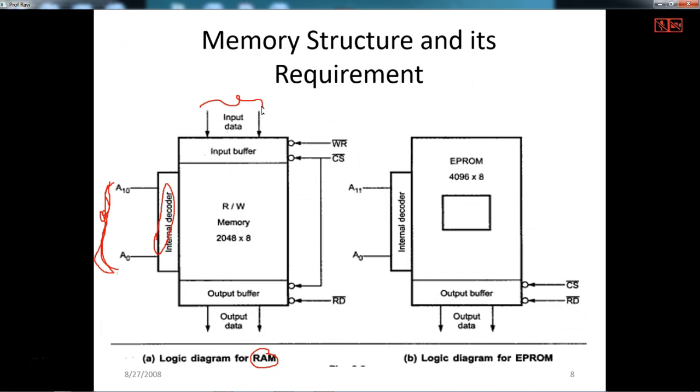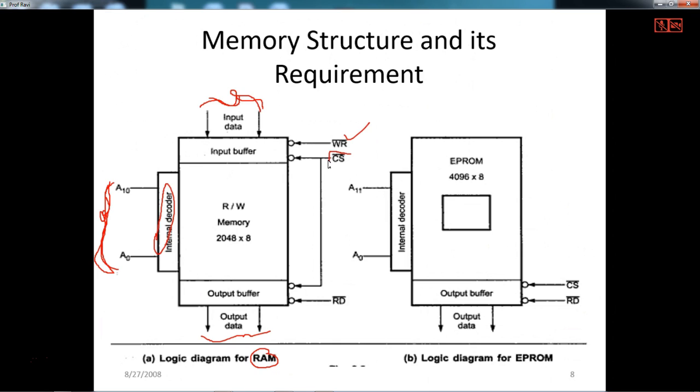You can write data into memory or read data from memory, so it has pins to deliver output data and pins to take input data, with an input buffer and an output buffer, and a write bar.